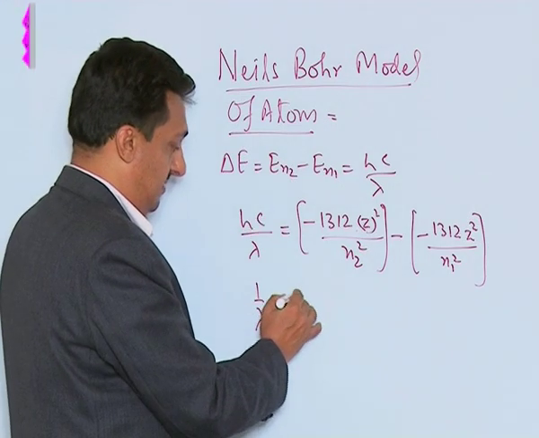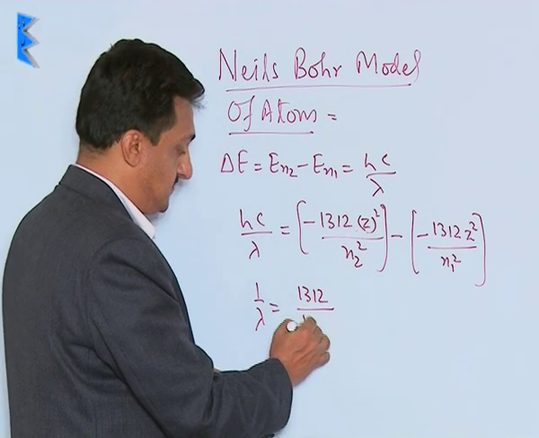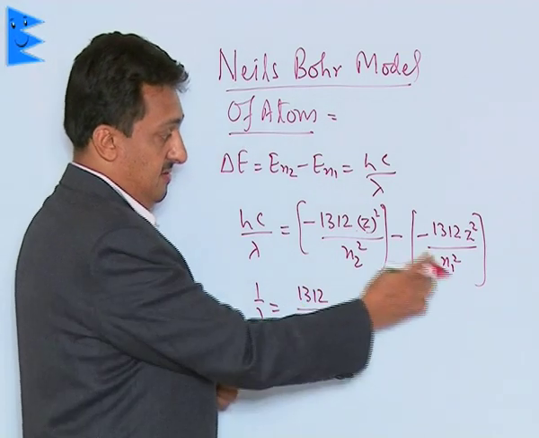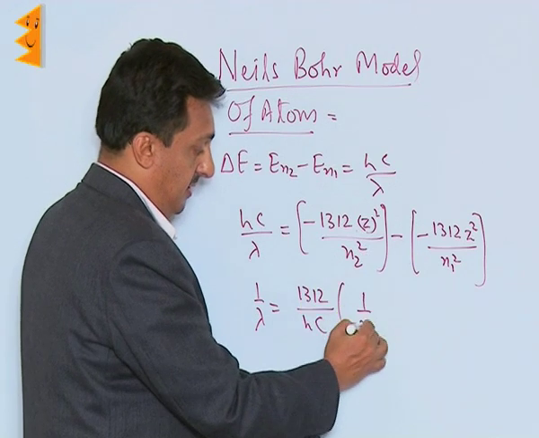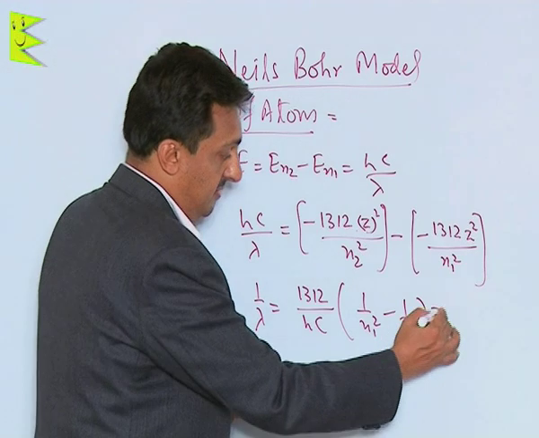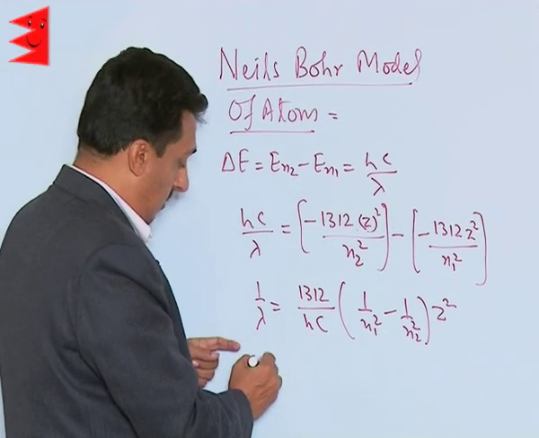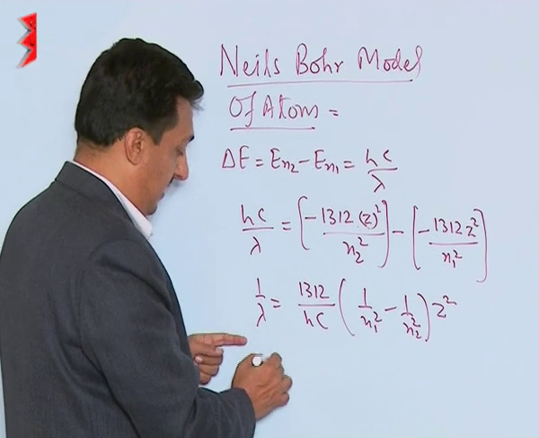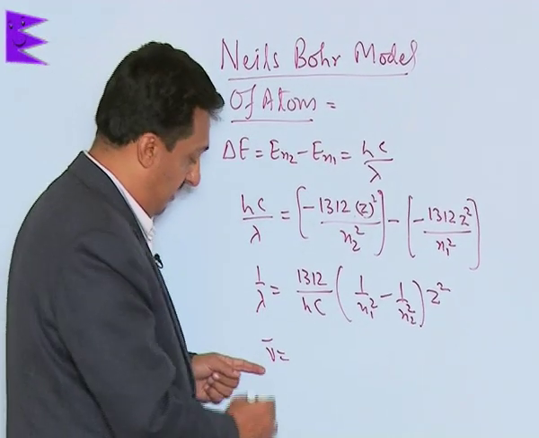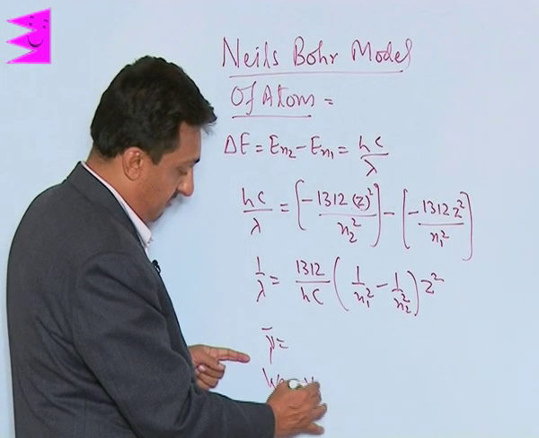Like you can see, it will become 1312 upon hc, times 1 upon N1 square minus 1 upon N2 square, and Z square is taken out here. When we solve this value, we also know that 1 by wavelength is your wave number. This term is your wave number.